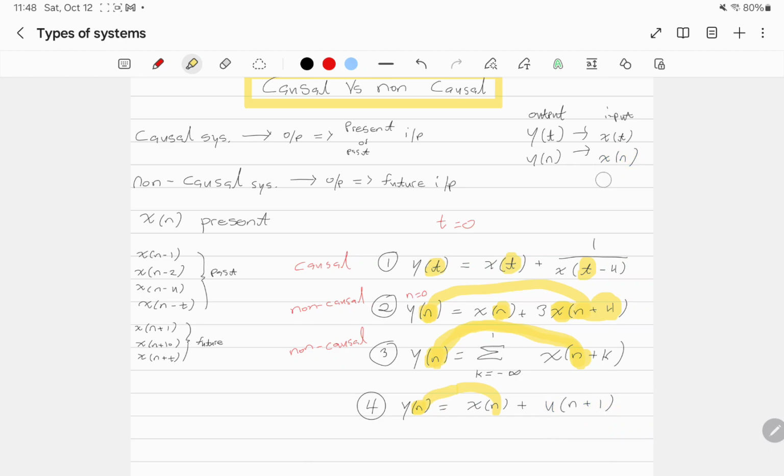And that doesn't count as our input. It's u of n, not x of n. So we need to look for x of n. So we have y of n and x of n, which was the situation here. So the system is causal because the output depends on the present or past values of the input. So it's causal.